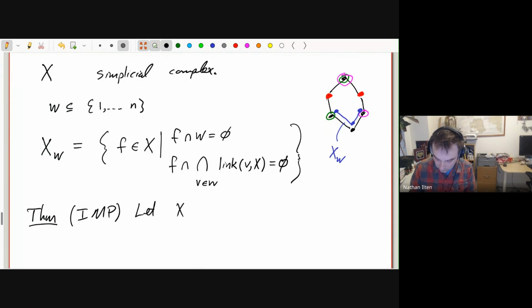So let's say X be a simplicial complex. Whoops. One second.